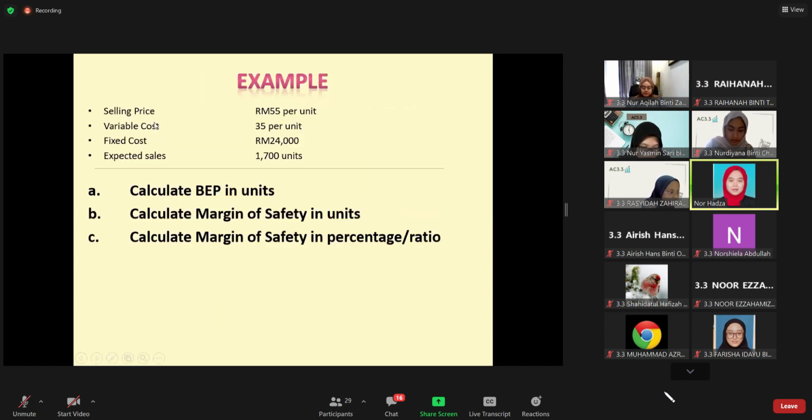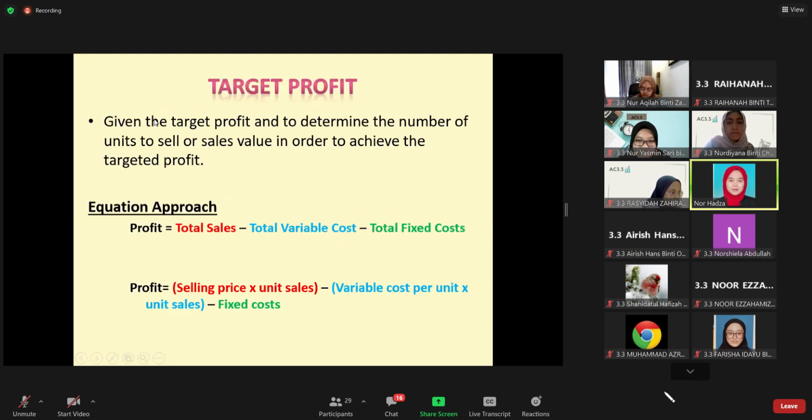Right? Okay, so another formula in CVP analysis that we're going to use is the target profit, to determine how much the target profit is. As I mentioned before, in CVP analysis, instead of preparing a number of income statements, you can easily find the target profit with a number of sales quantity.